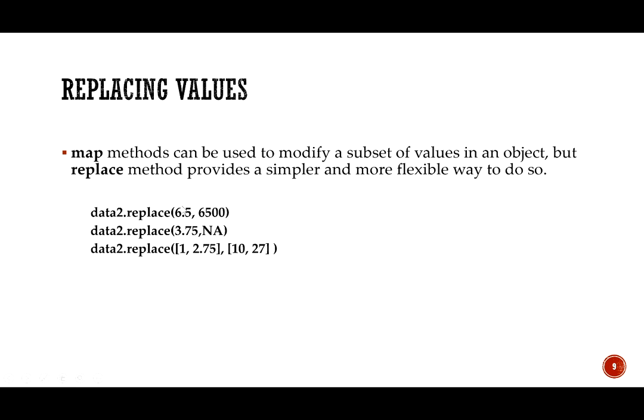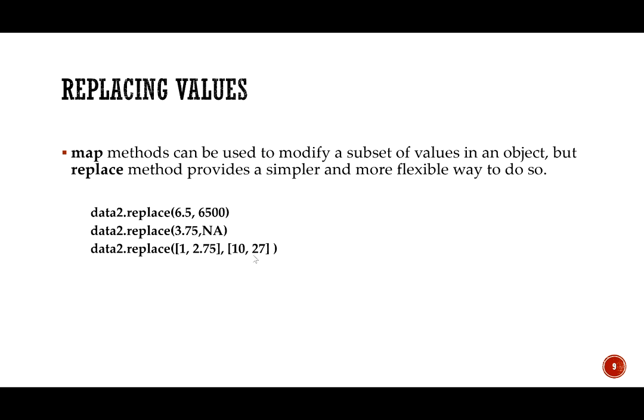So it's going to find 6.5 in the data frame, no matter if it is in the first column, third column, and then replace that with 6500. And another example, we replace 3.75 with NA, a missing value. Or we can use lists. So we'll replace 1 and 2.5 with 10 and 27.